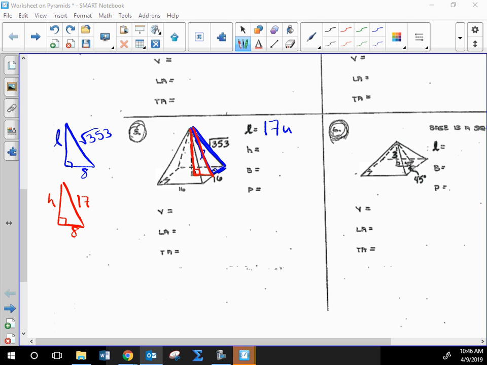All right, what did we get for our height? 15.